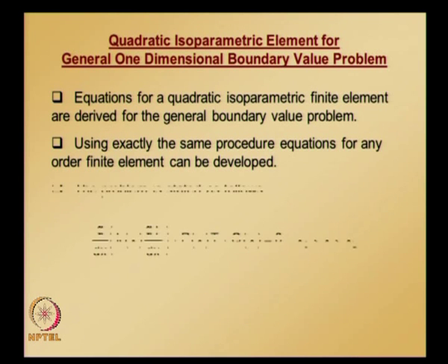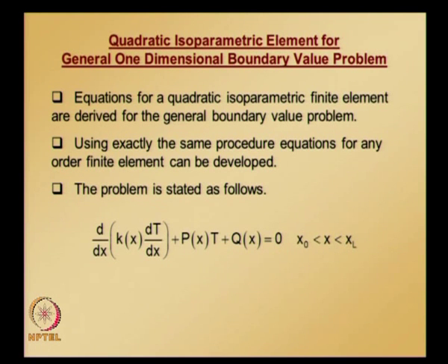The problem statement is as follows, for which we are going to develop the element equations. This is a second order differential equation where k, p, q are some known coefficient functions and t is some field variable, and we need to solve this second order differential equation over the domain where the lower bound of x is x naught and the upper bound of x is xl.